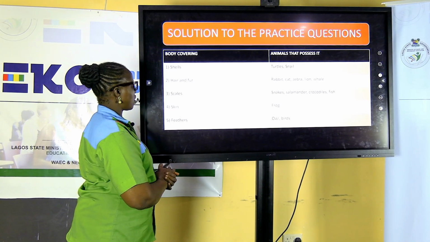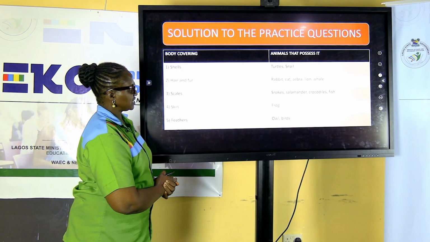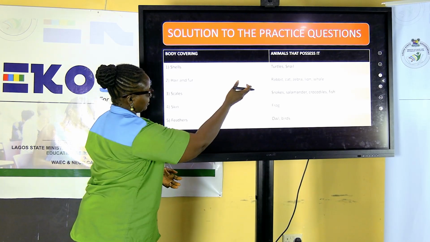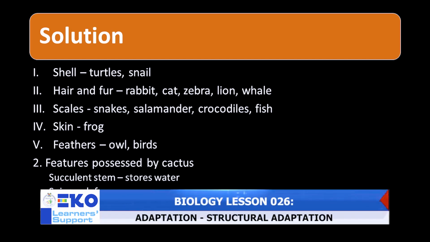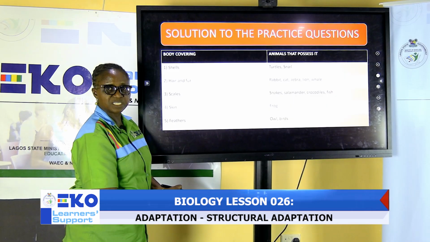The next one, fur or hair, can be found in the following organisms based on the pictures that were given to us: rabbit, cat, zebra, lion, and whale. The next one is scales. Scales can be found in the following organisms. I have snakes, salamander, crocodiles, and fish.